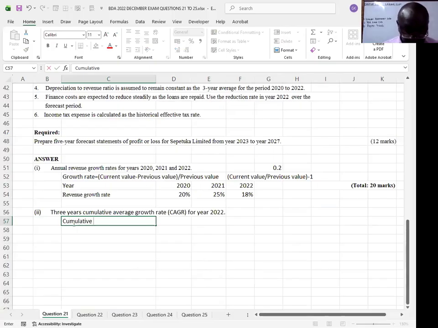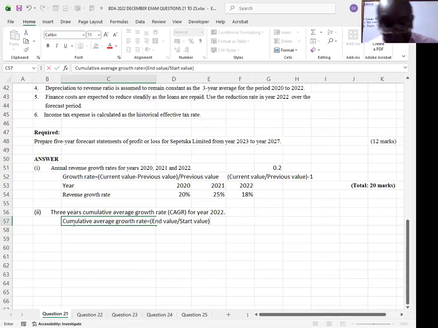The cumulative average growth rate is equals to, you open the brackets, you talk of end value, divide by start value, close the brackets, you raise to power.